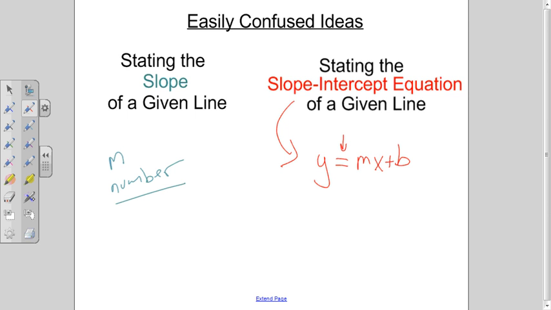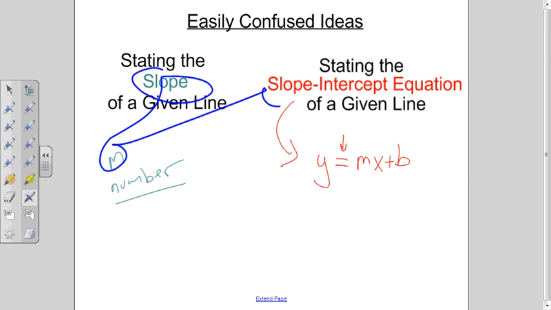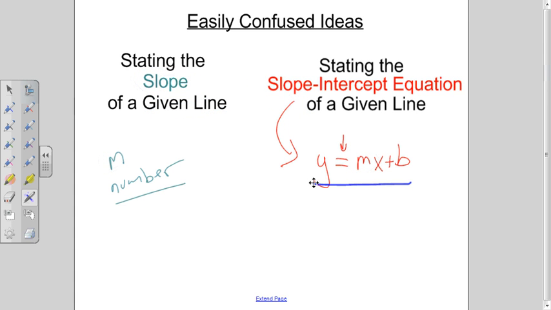Now, again, both of these involve the idea of slope. But, in fact, when we say the slope-intercept equation, it's y equals mx plus b. Conversely, when we say it's slope, it's not y equals mx plus b. It's just the m. Okay?